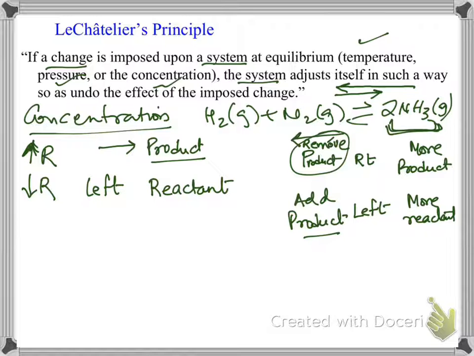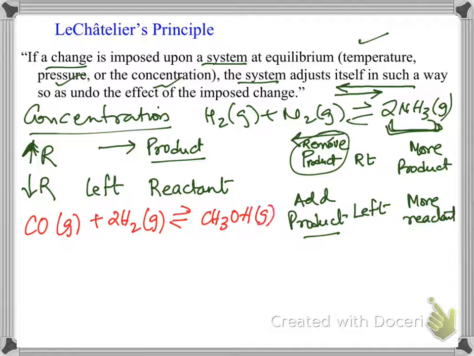For example, look at this reaction. Carbon monoxide reacts with hydrogen gas to make alcohol, and heat is released in this reaction. How do I know heat is released? Because my delta H value is negative. That means this is an exothermic reaction.